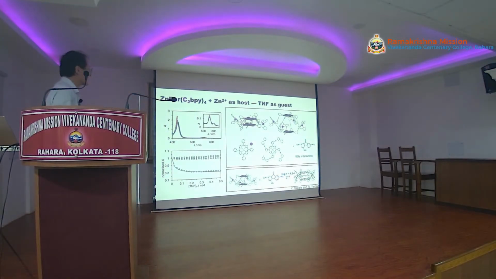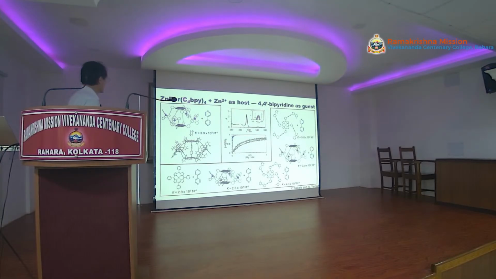Once we get a face-to-face dimer, a cofacial dimer with a cavity here, we can examine the host-guest selectivity, and for the diacetylene spacer, we can put this molecule as a guest. It strongly binds this one, and we have done all the possible reference experiments.